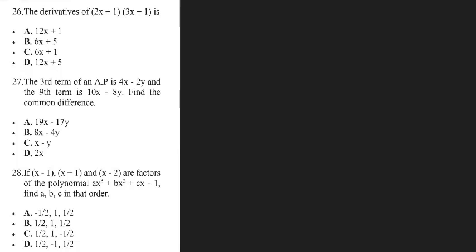Number 26 says the derivative of 2x plus 1 and 3x plus 1 is, so this is actually differentiation. So we have 2x plus 1, then we have 3x plus 1. Whenever you see something multiplying by each other, that means we're going to use product rule.